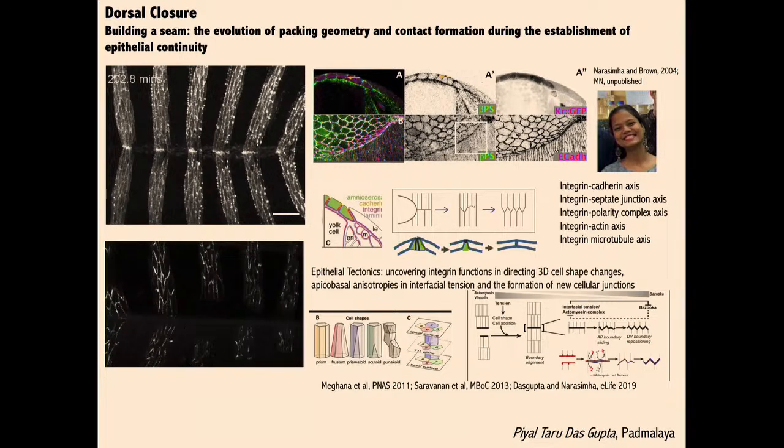But what we also want to know is how the packing changes as these cells approach each other to make contacts, and in particular if shapes become more regular in 3 dimensions as you come closer to meeting and forming these new junctions that you can see here in the fluorescent signals that appear just as these cells come and make contact with each other.